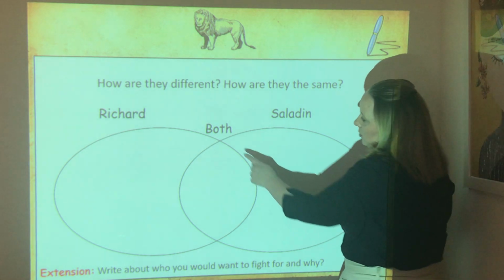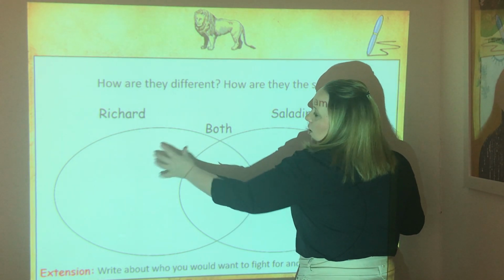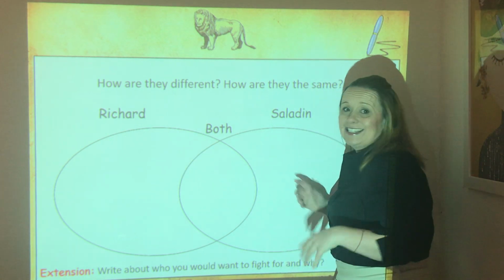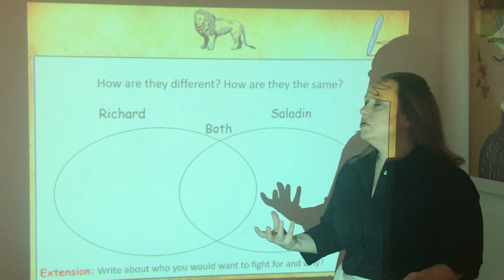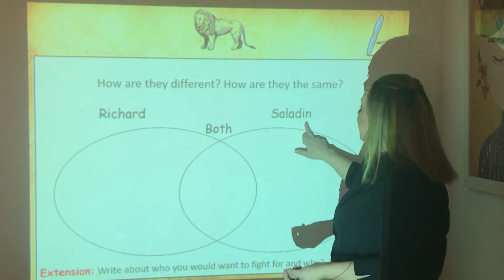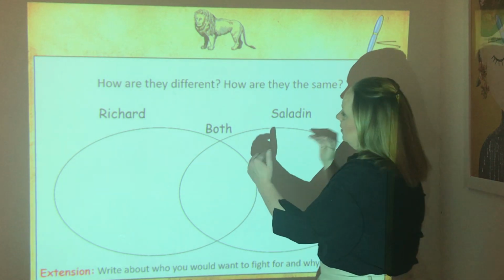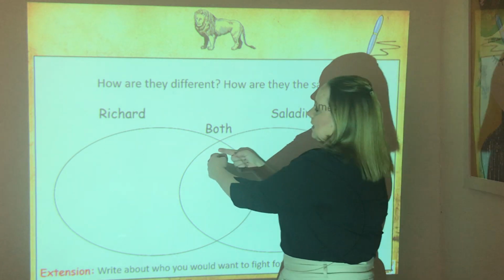And then where they both cross here is obviously things that Richard did, said, acted, personality, parts of the story, reasons for fighting, reasons for leading. And then the same with Saladin. So which things do they have the same? So straight away we know they were the leaders.